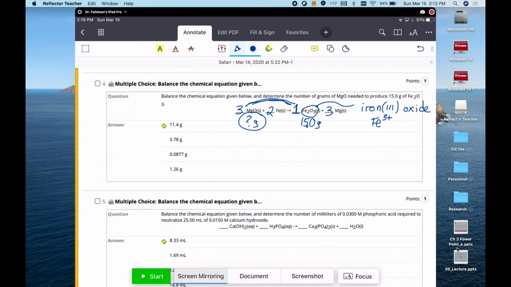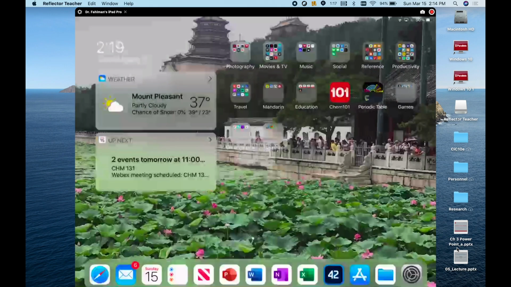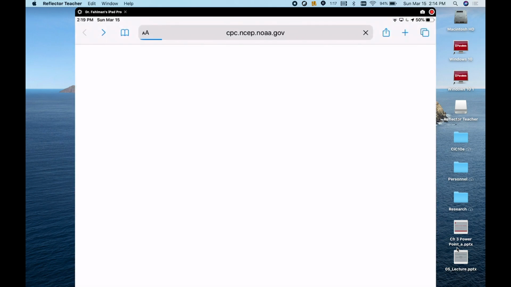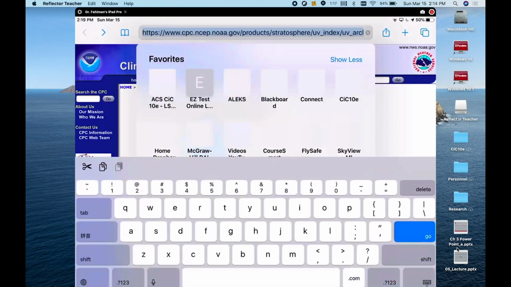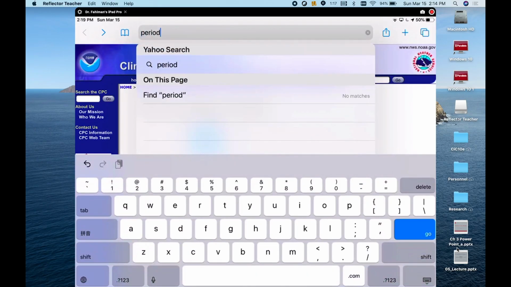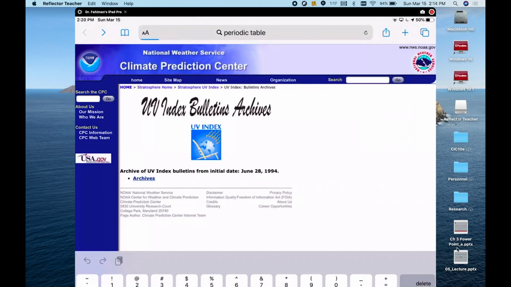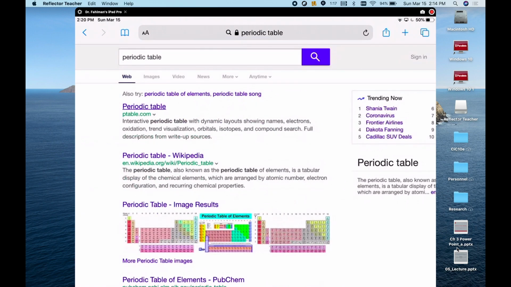Okay, so our strategy is to first calculate moles of iron 3 oxide. So for that, we're going to have to look up the periodic table and there we go.